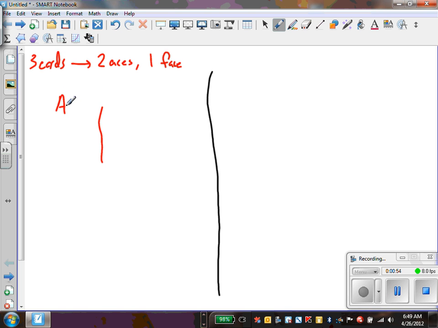We have aces over here, and we have face cards over here. So we say, okay, there are four aces. I want to choose two of them. And there are four face cards, and I want to choose one of them. Now, altogether, there are 52 cards, and we're looking to choose three.